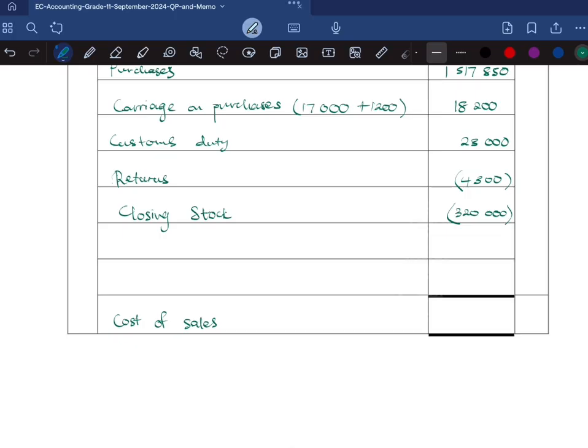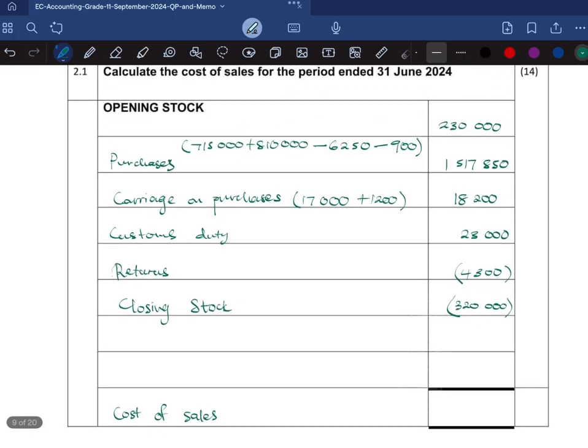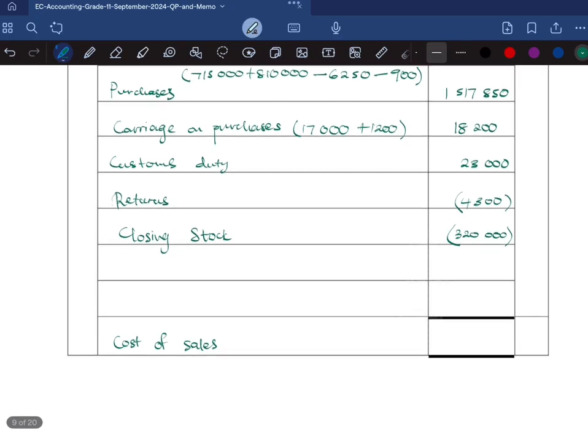right? Then now let's just calculate our cost of sales: plus that 850, plus 18,200, plus 23,000, minus 4,300, minus 320,000. So be careful whenever you're calculating, double check the amounts that you put into your calculator. Okay, so that's what I'm getting.